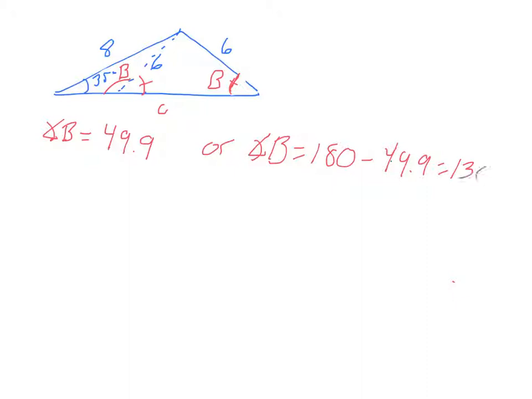So it could also equal 130.1 degrees, right? So if B is 49.9, then angle C is just going to be 180 minus 35 minus 49.9. And that'll be 95.1 degrees. So angle C is either obtuse or it's going to be very acute.